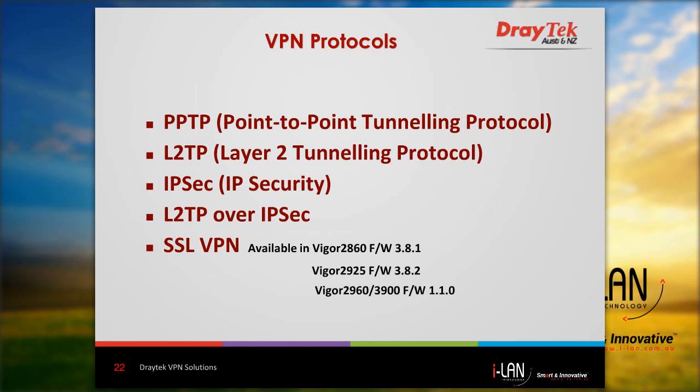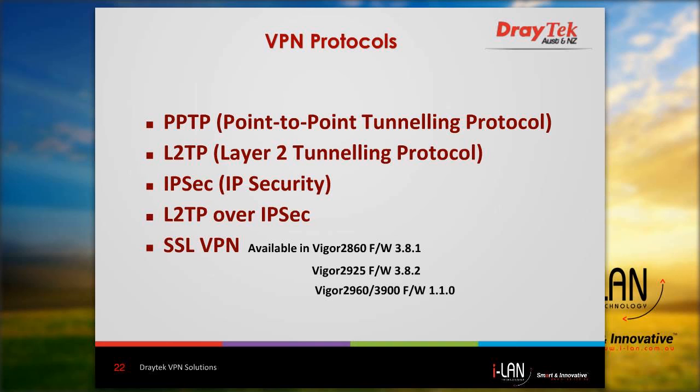And the Layer 2 tunneling protocol, which is the L2TP, is a combination of PPTP and Layer 2 forwarding protocol. L2TP uses UDP port 1701 to send messages over the IP networks. And for this, it also uses a username and password for tunnel authentication.